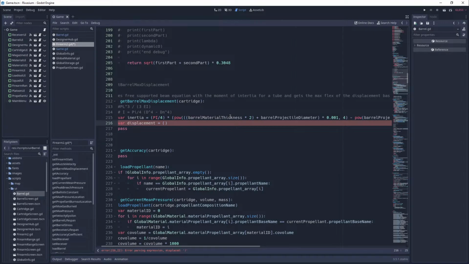So this is going to be get peak, get pressure. So we're just going to go acquire our max pressure.